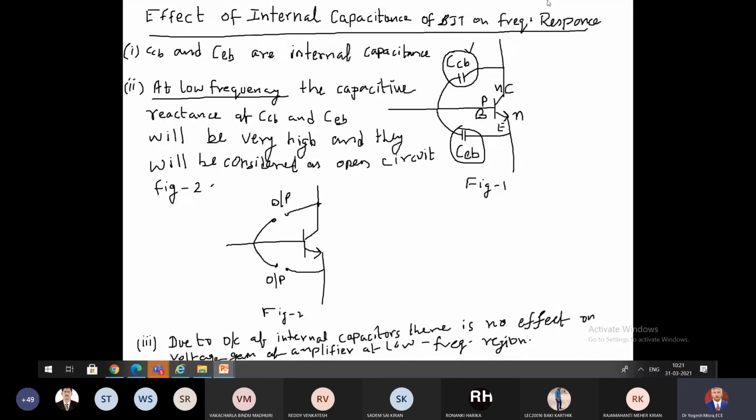So the capacitance will exist between the internal junctions of the transistor. A capacitance will exist between base and emitter, because one junction is formed between base and emitter, and another junction is formed between collector and emitter. So there also one capacitor will be formed.